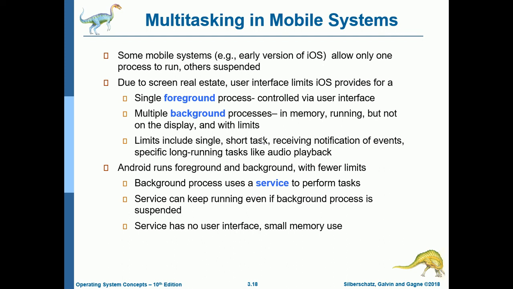And then Android runs foreground and background processes with fewer limits, such as a background process using a service to perform tasks. A service can keep running even if the background process is suspended, and a service has no user interface and small memory use. Even in our personal computer, this slideshow presentation is an example of a foreground process because it's running.